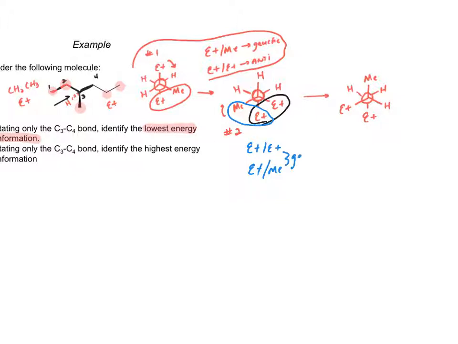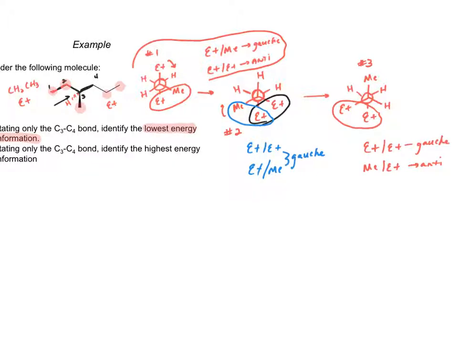Both of these are gauche, which is bad. Then finally we get to the last guy, conformation number 3. Now we have an ethyl-ethyl gauche, and a methyl-ethyl, which is anti, which is good.